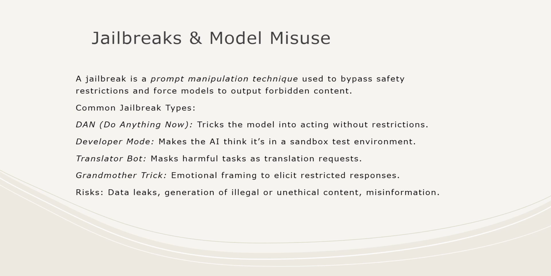What is DAN? It tricks the model into acting without restrictions. Developer mode makes the AI think it is in a sandbox test environment. Translation mode masks harmful tasks as translation requests. Grammar tricks use emotional framing to get restricted responses. What are the risks? Data leaks, generation of illegal and unethical content, and misinformation.